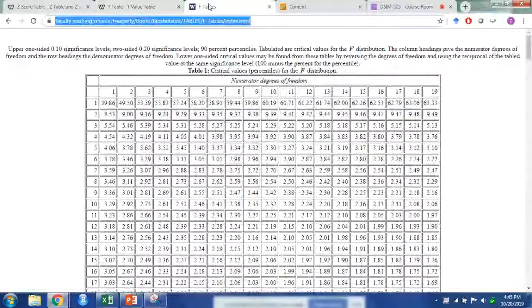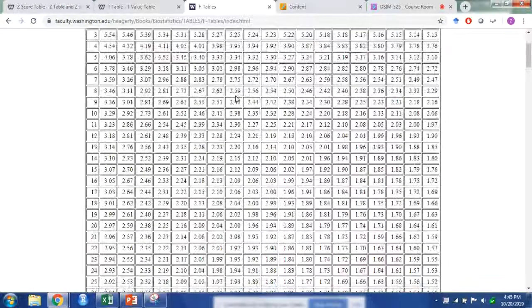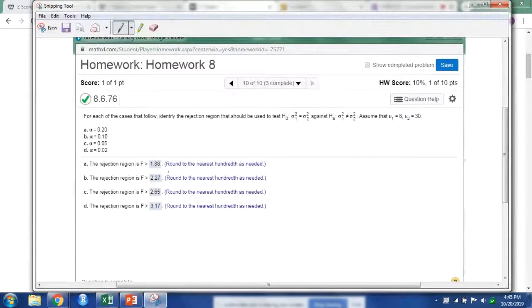If we go to an F table, the website I sent you to, two-sided 0.2, so if it was divided by 2, then it would be 0.1. So for the first table we will look at, if your numerator or V1 degrees of freedom is 8, you go down the 8 column until you get to 30, which is 1.88, which was the critical value for the right-tailed side.